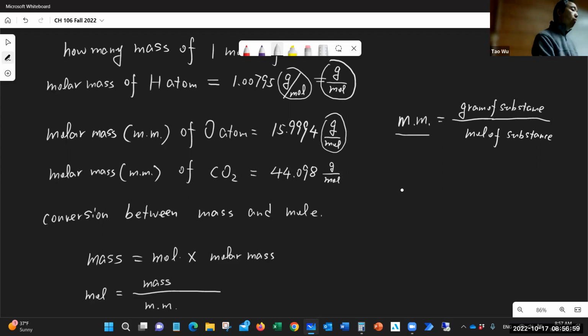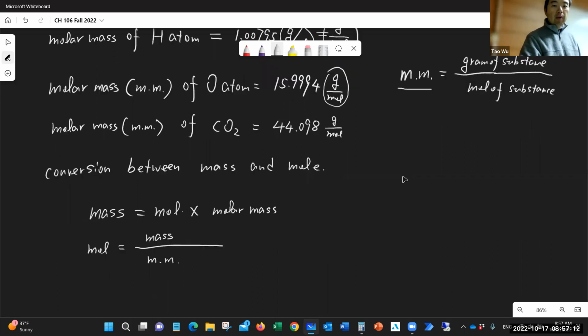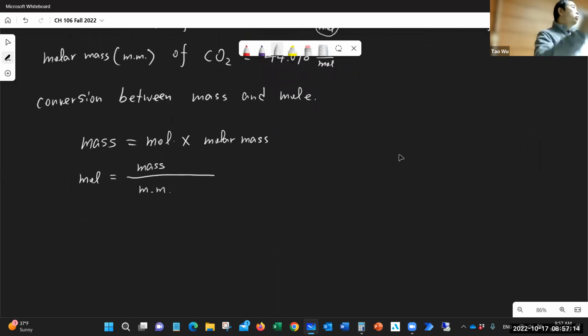Mass equals mole times molar mass, and mole equals mass over molar mass. Two equations, very, very important. I strongly recommend you remember them.